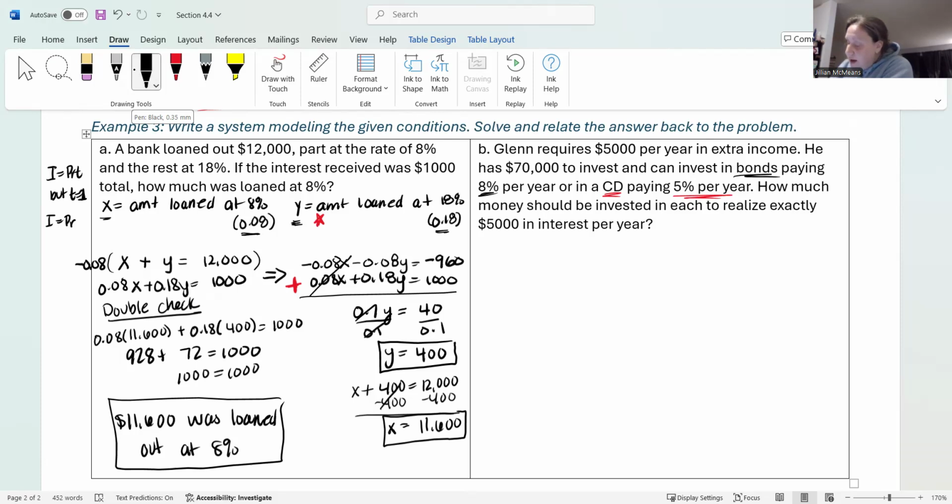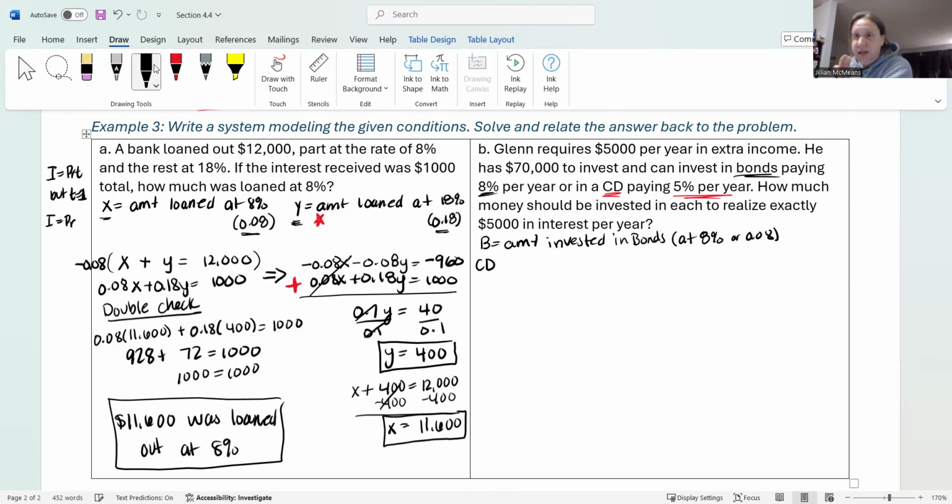So let's go ahead and say that we're going to let B equal the amount invested in bonds. So think B for bonds. And remember, that was at 8% or 0.08. And then let's just use CD.